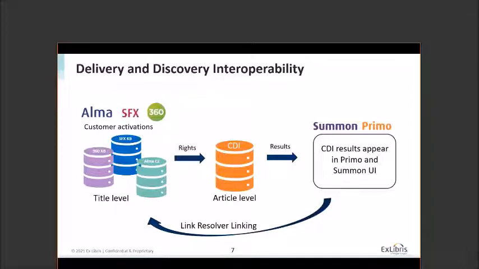If the collection or even the specific records are using link resolvers, the metadata elements from the record, built in an OpenURL format, will be sent to Alma SFX 360 to generate a list of collections of available portfolios, and also to generate the link itself directly to the provider's platform.